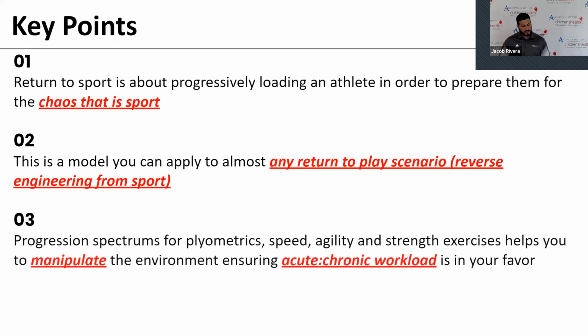Now these progression spectrums of plyometrics, speed, agility, and also strength exercises, they help you to manipulate the environment, okay? They help you to manipulate the variables that allow the response to that training to then lead, hopefully, to that injury prevention in the future.